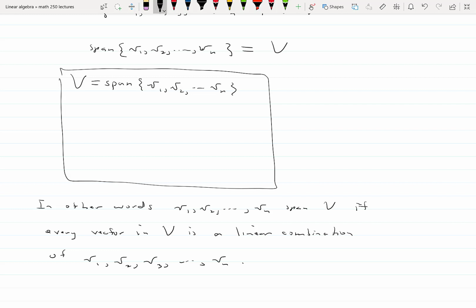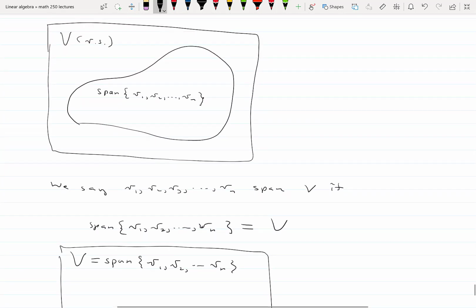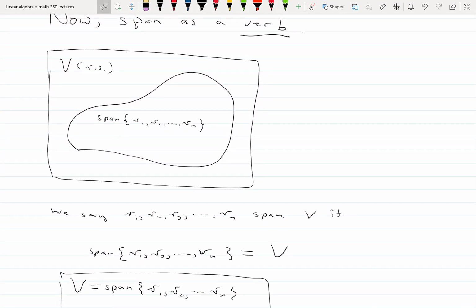Okay, so once again, earlier, the span of a set of vectors is just that part of the vector space V that is covered by linear combinations. That is, the span of a set of vectors V1 to Vn is just the set of all C1 V1 plus C2 V2 plus plus Cn Vn. That portion of the vector space that contains all the linear combinations.